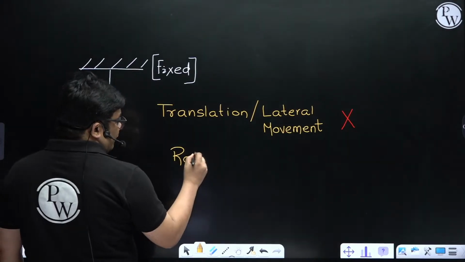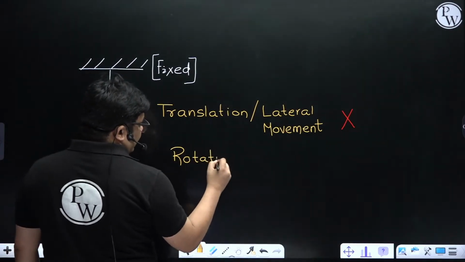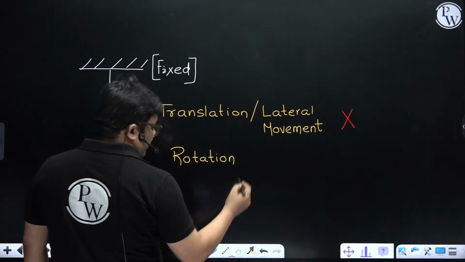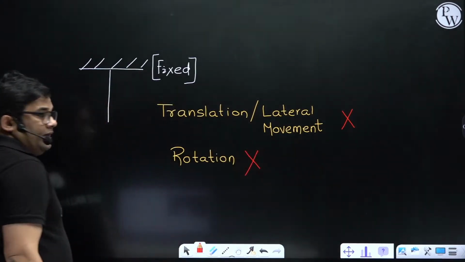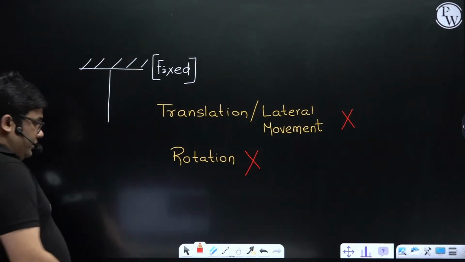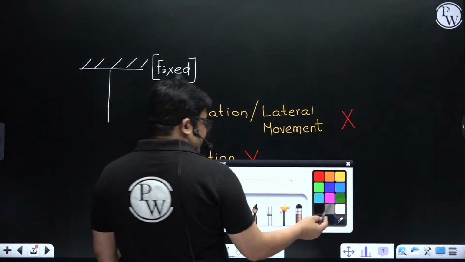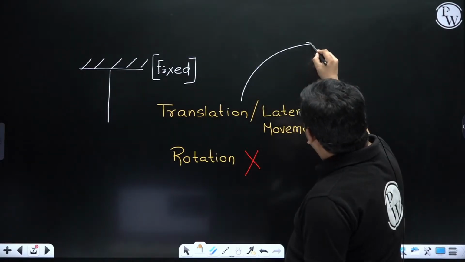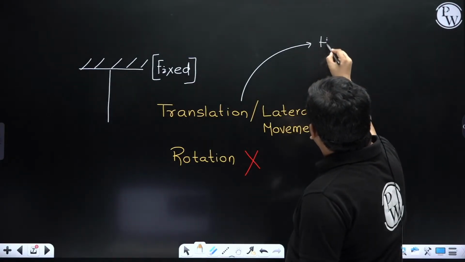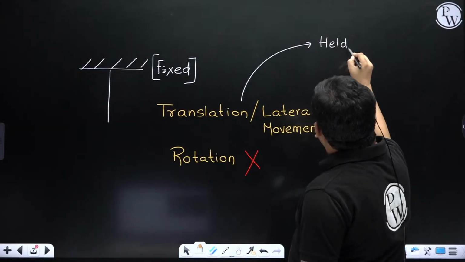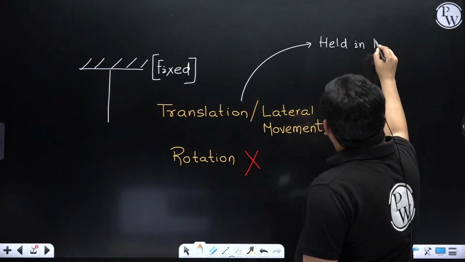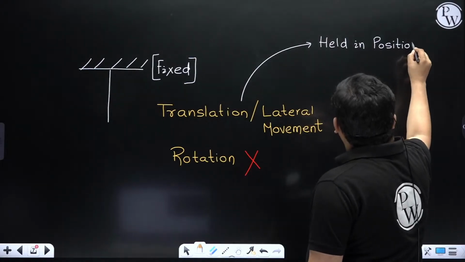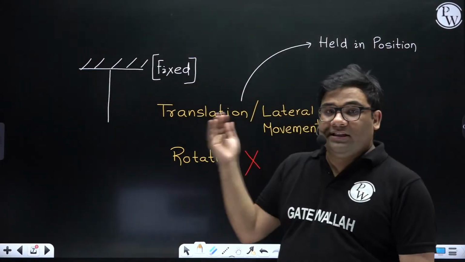The other kind of movement which can happen is rotation, and rotation is also not allowed. Whenever translation is not allowed, this is indirectly told as held in position. Held in position means it is not able to change the position.